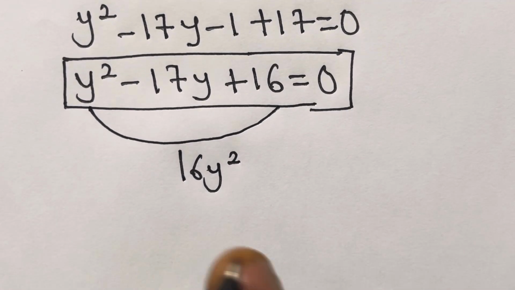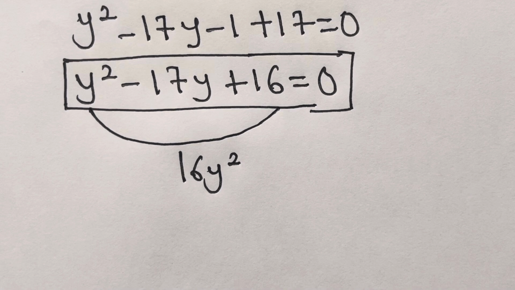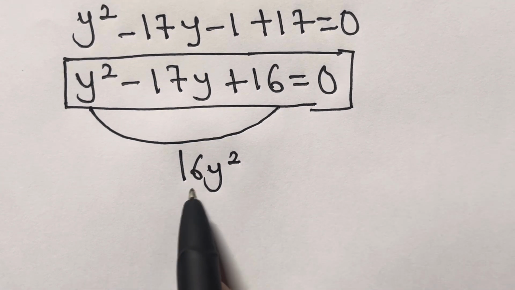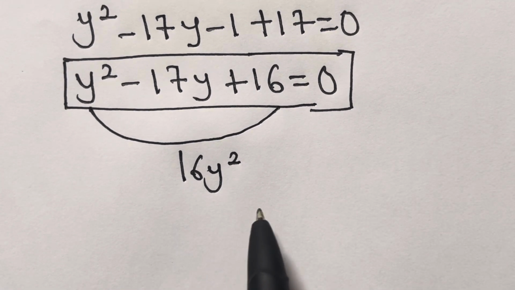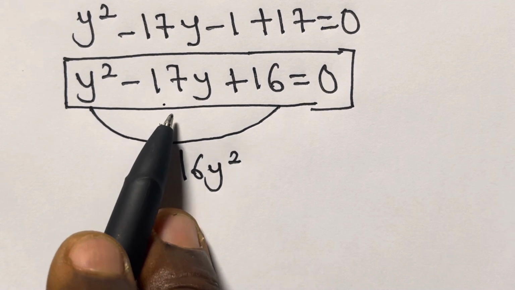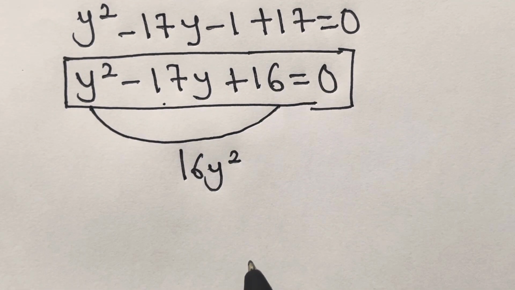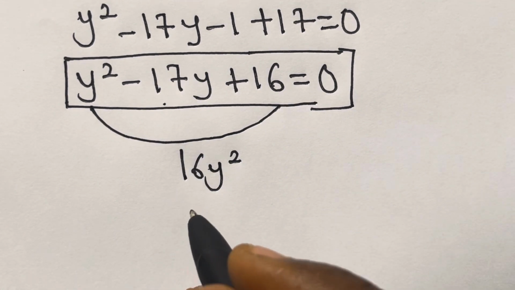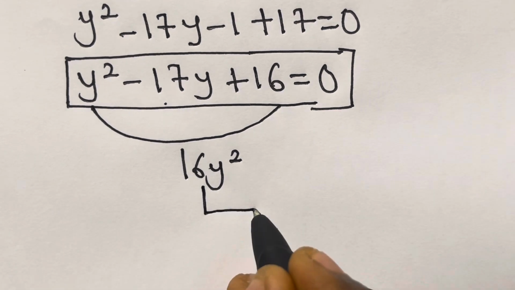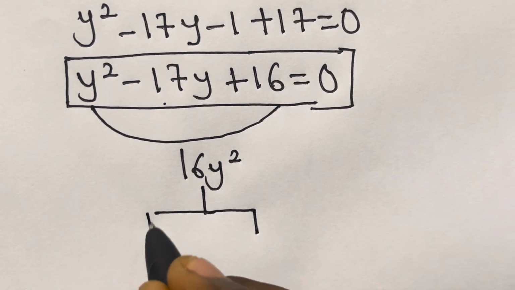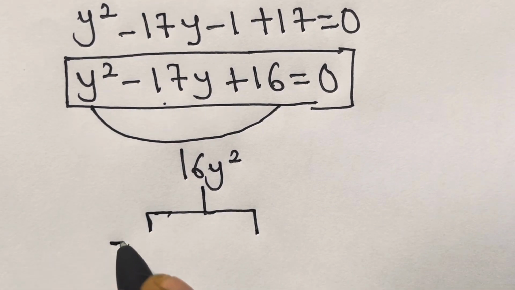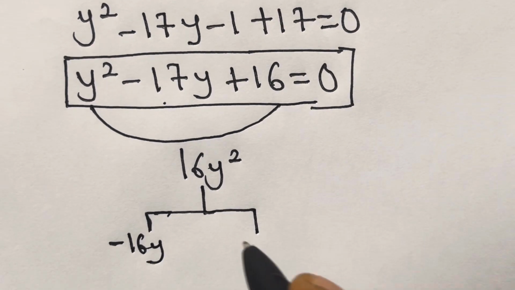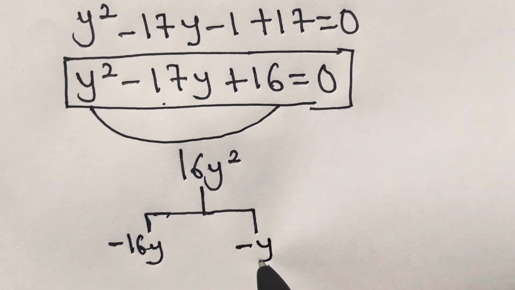Now we have to look for two factors whose product will be 16y squared, and when we add them, it will give us minus 17y. So the factors we will have are minus 16y and minus y.